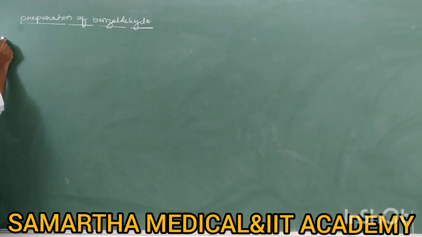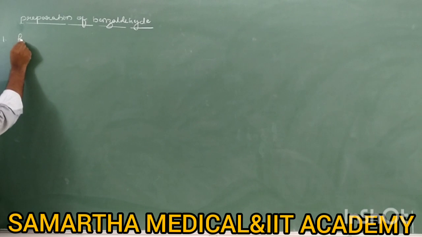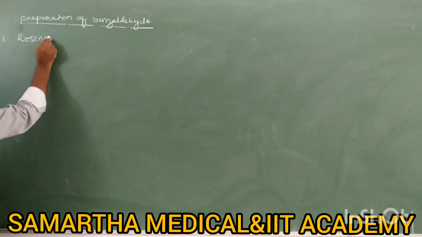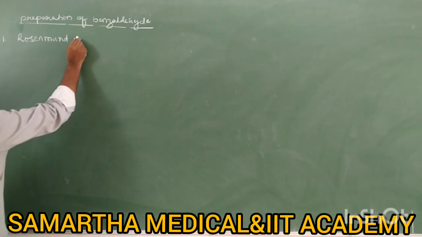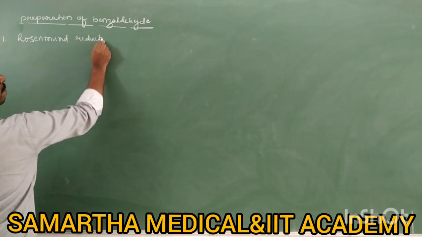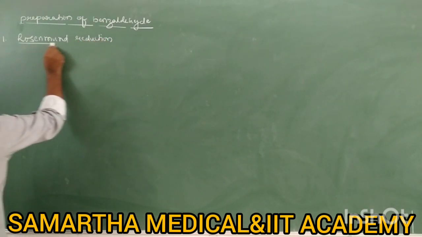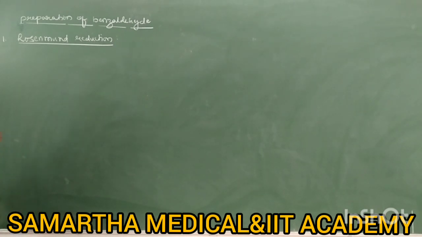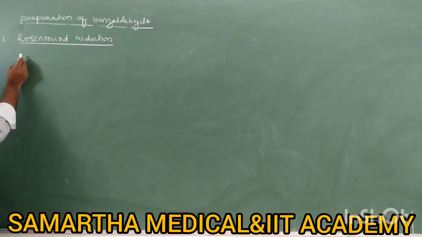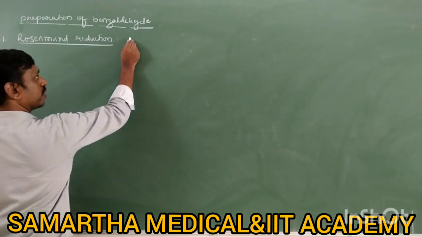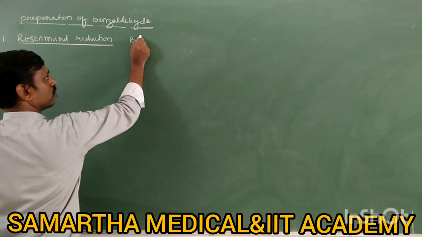First one is important, Rosenmund reduction. Many times a question has appeared in board exams and different exams, and moreover it is a name reaction. So what is the Rosenmund reduction example? Here the reaction is of an acid chloride, RC double bond O Cl.